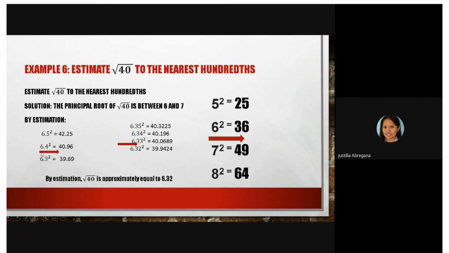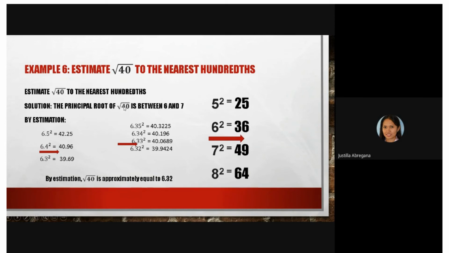So we'll try numbers between 6.3 and 6.4. Let's take the middle number, 6.35. 6.35 squared is equal to 40.3225. So bigger than 40. Let's try the lesser number, 6.34 squared is equal to 40.196.